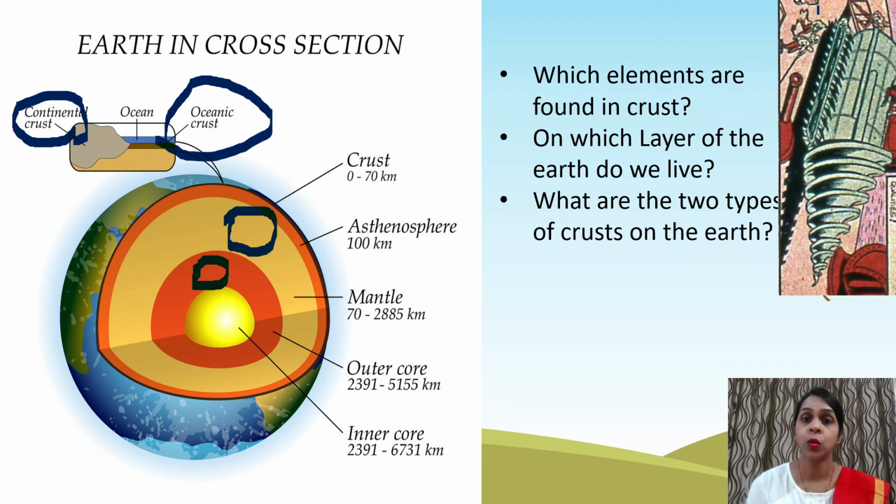In the outer core, after 70 to 285 kilometers, you now see a fully liquid layer. It is made of metals. Now you dive in and reach the inner core. Where is the inner core? See here, it is the inner core.